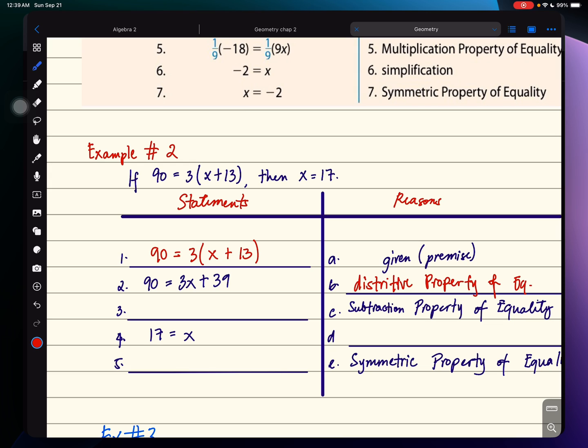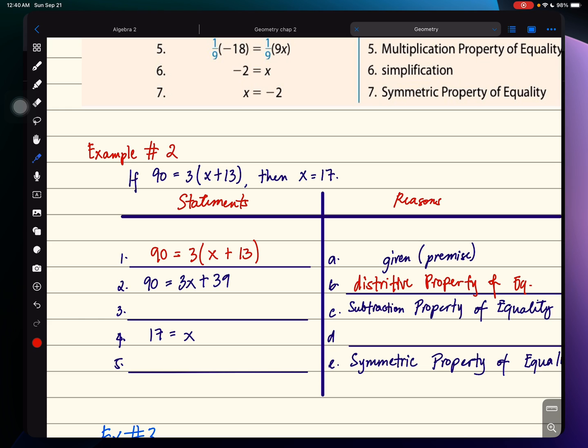Because you distribute 3 inside the parentheses, it will become 3x plus 39. Now, according to the reason stated here, subtraction property of equality. How do you think we can come up with a statement based on statement number 2?